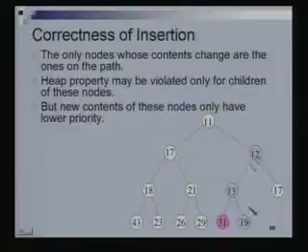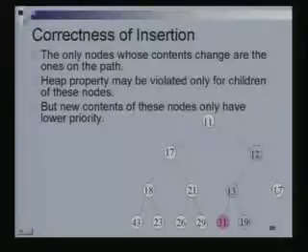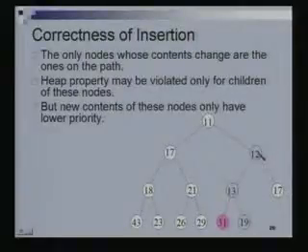These are the new priorities of these nodes. We said that the heap property could be violated for this node or this node. Earlier its parent had priority 19, now it has priority 13. Earlier the parent of this node had priority 13, now it has priority 12.